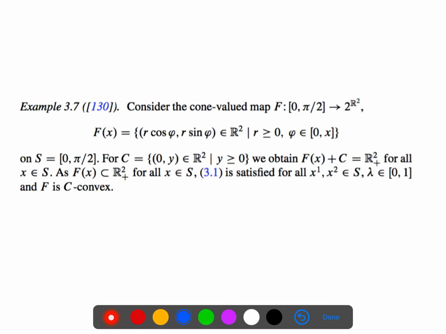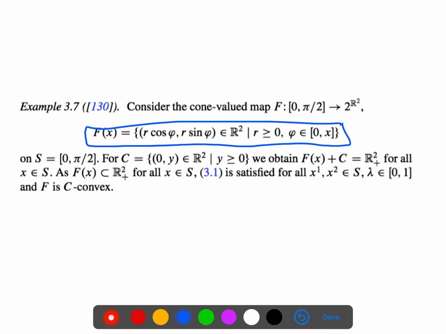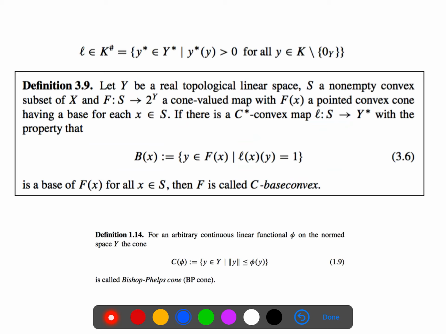An example of a cone-valued map, which we need in all our algorithms, could be something like this. And it is obvious that F is C-convex. Also, she introduced the concept of C-base convex.